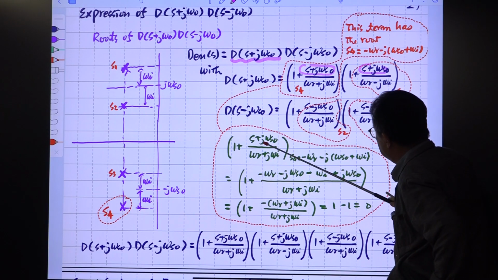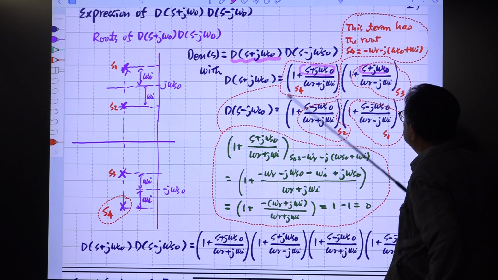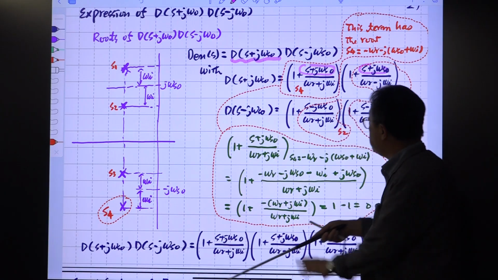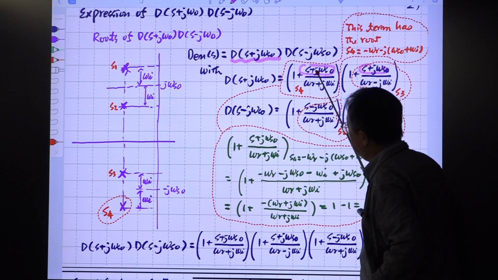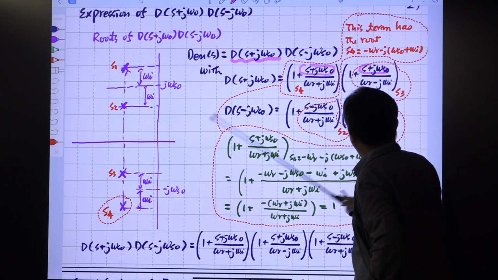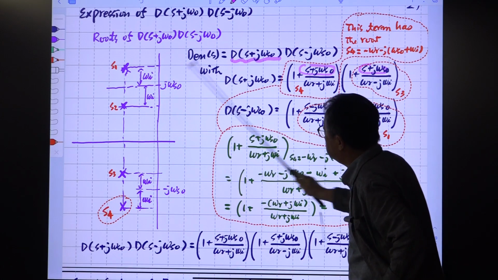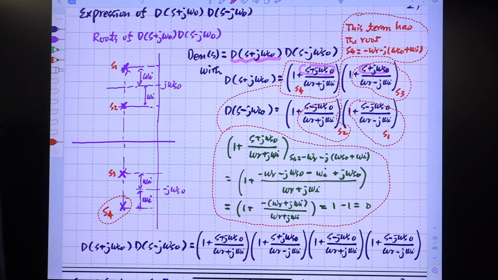You put this S1, S4 here, then it becomes 0. That means this term has a pole at this one. So somehow this is the opposite. This plus 1 generates poles here. So this one generates this pole, and this term generates this pole, and this one generates this one. So there is a mapping here.